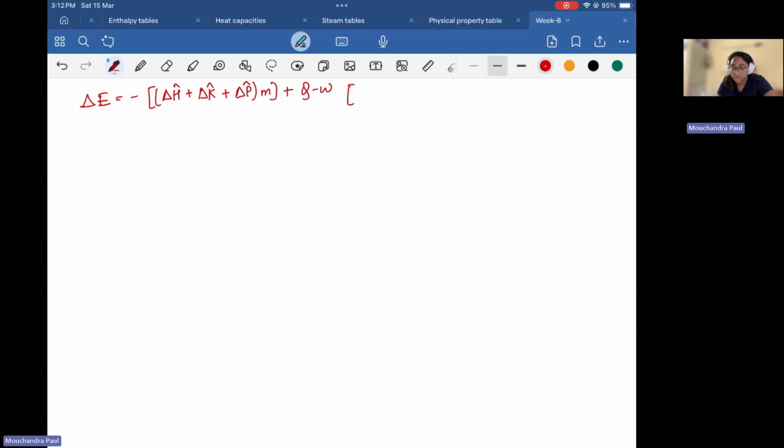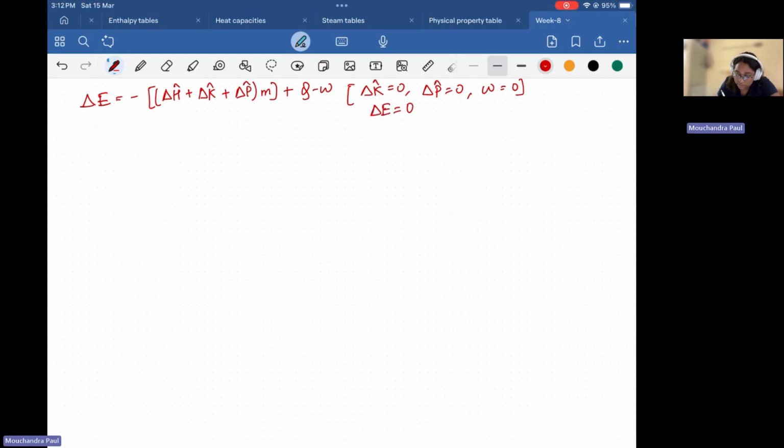So in this particular process, delta Q is 0. Potential energy is also 0. Work is also 0. And there is no accumulation of energy.